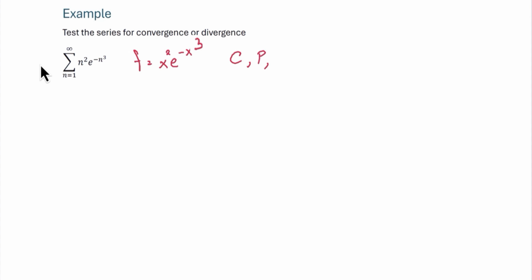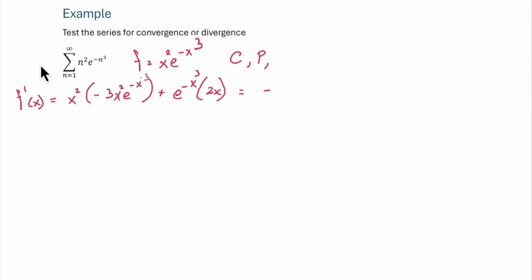We need to make sure it's decreasing on the interval from 1 to infinity. That one may not be quite as obvious. So let's take the derivative. We have x squared times negative 3x squared e to the negative x cubed plus e to the negative x cubed times 2x.